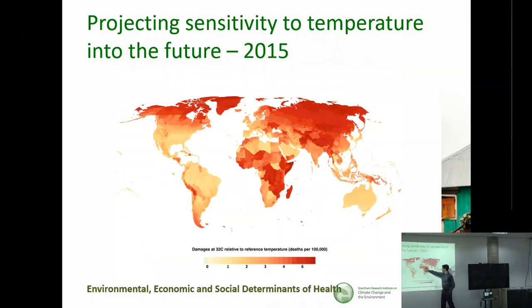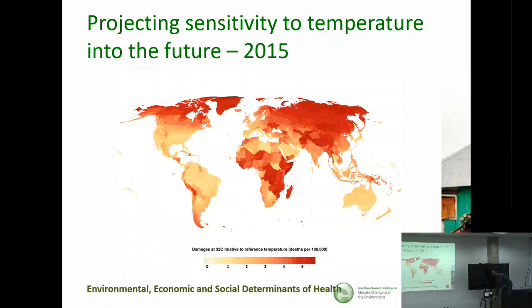And the areas that are most affected by that day are going to be in hot places, like Sub-Saharan Africa, and poor places like Sub-Saharan Africa. Sorry, it's the other way around. They're going to be either poor places, like Sub-Saharan Africa, or they're going to be cold places, like Canada and Russia, where people are not adapted to high temperatures.